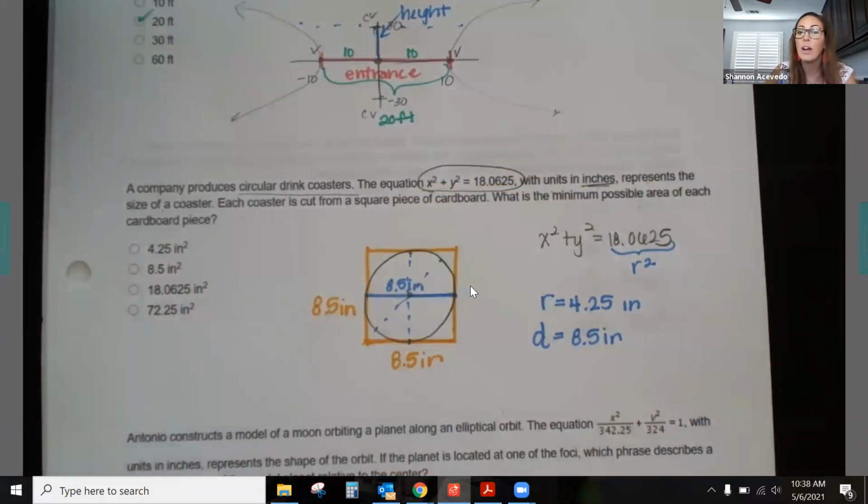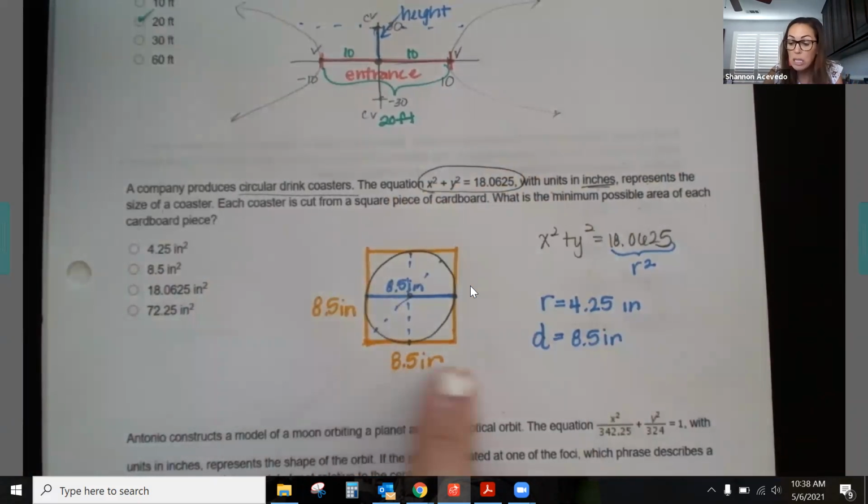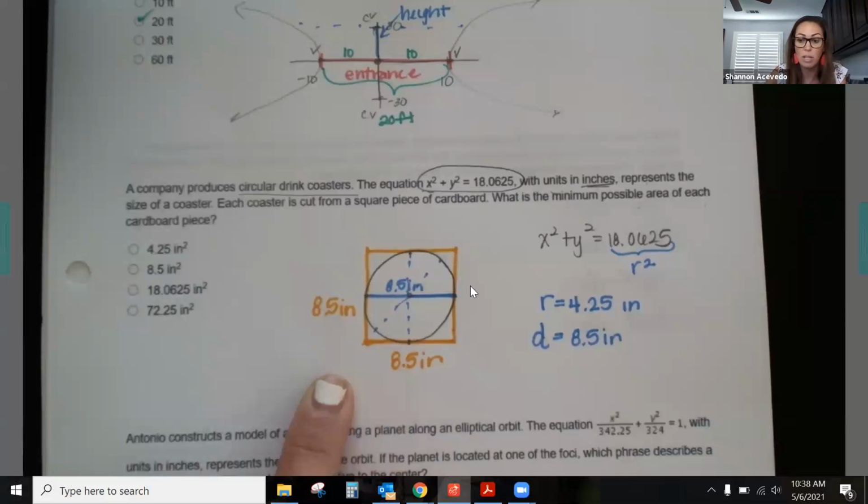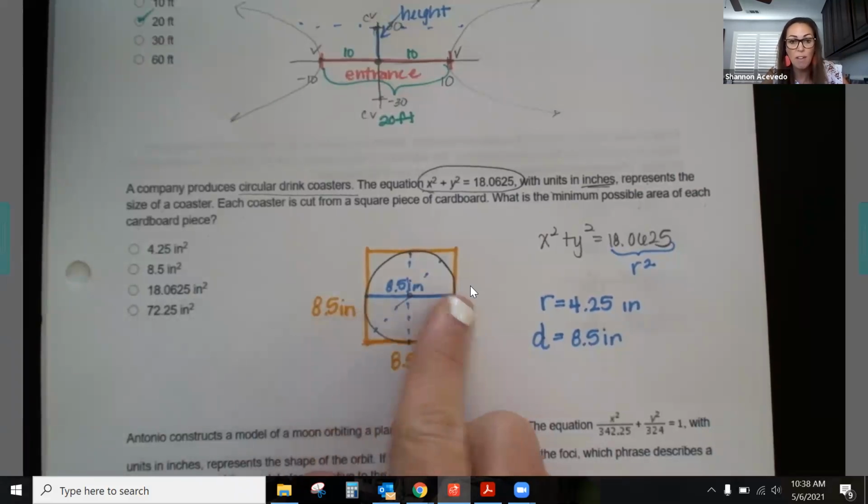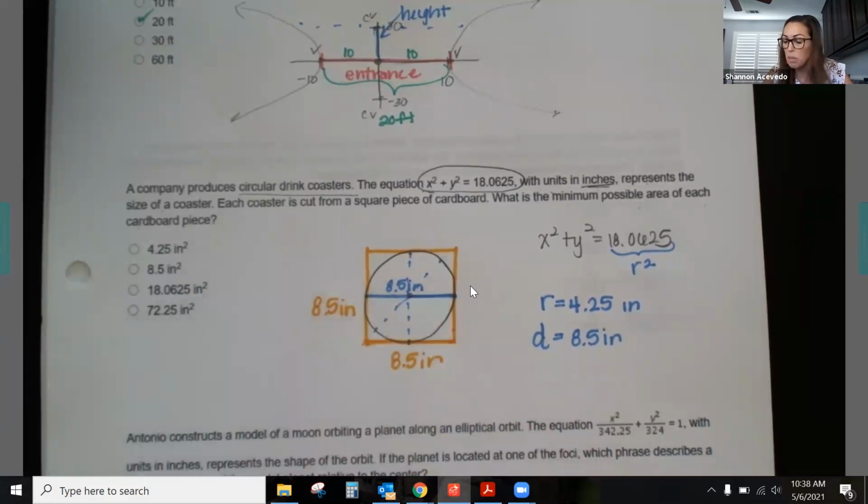If I want the minimum possible area, the smallest piece, the length and width of the square piece has to be at least 8.5. That's the smallest it can be. If it's less than 8.5, then we won't have our full circle. So that would be the minimum.